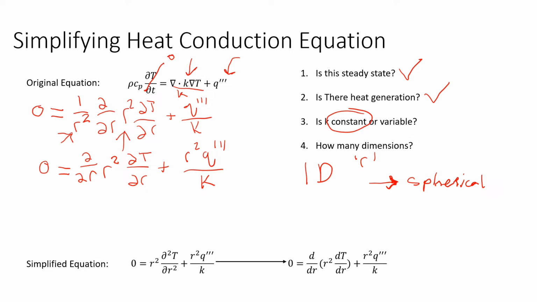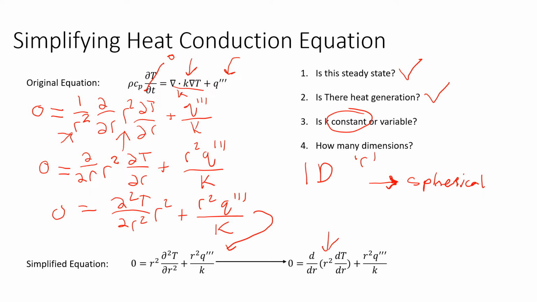Now we can write this a better way, which is exactly what we have here. I wrote it differently just so you really understand that that r squared is in the derivative here. And this is my final equation.